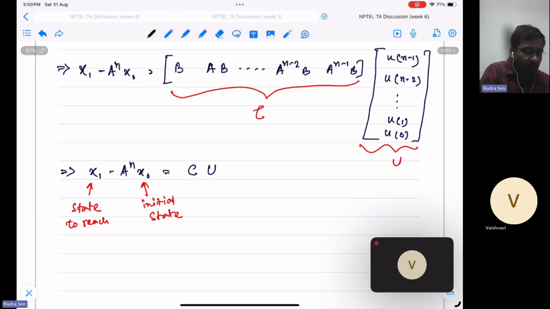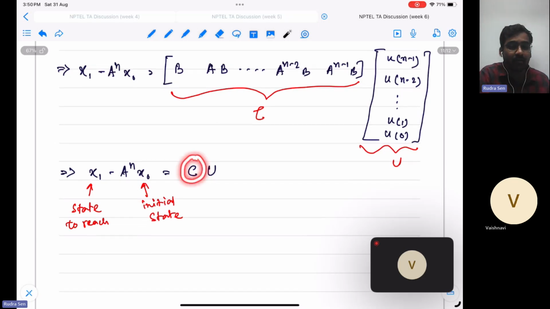Using the equation, we can say that if this C matrix is non-singular, or rather, if it is a full rank matrix, since non-singular is not the right way to say this, if it is a full rank matrix, then we can say the system is controllable. We will see a few examples, and why I say non-singular is not the right way to say these things.